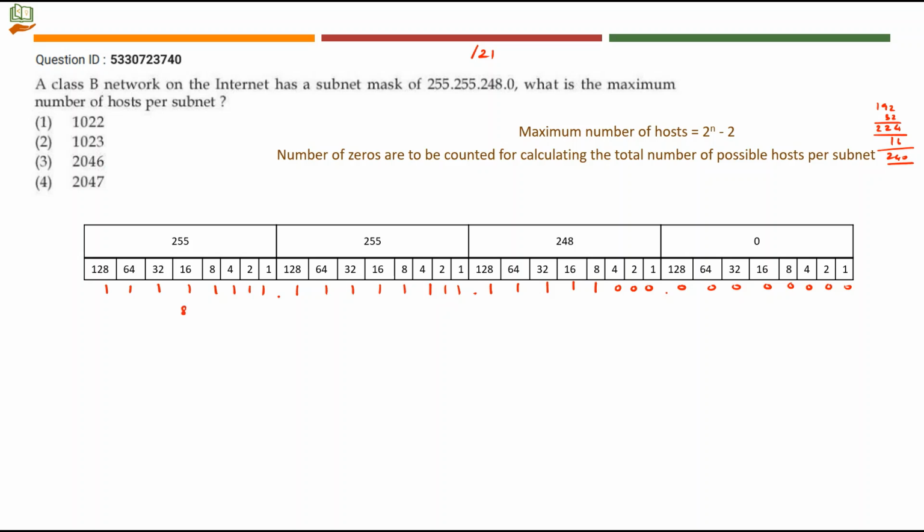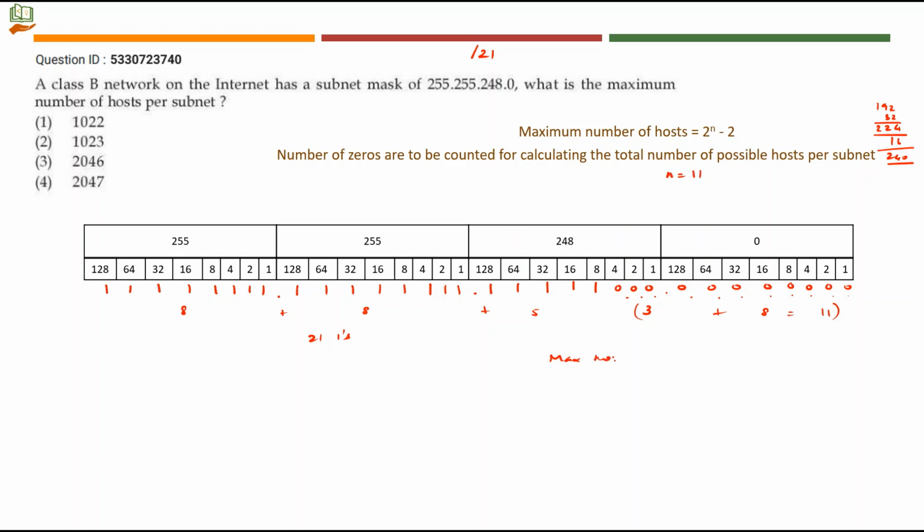Here there are 8 ones, here there are 8 ones, and here there are 5 ones. Altogether 21 ones are present. It means how many zeros are present? 1, 2, 3. This is 1, 2, 3, 4, 5, 6, 7, 8. So there are 3 plus 8, which is equal to 11 zeros present. So here we can take the value of n is equal to 11.